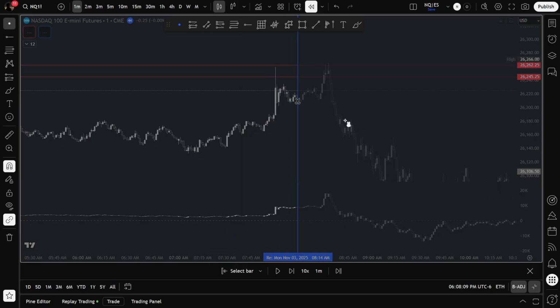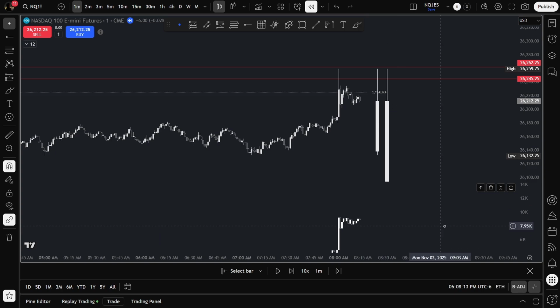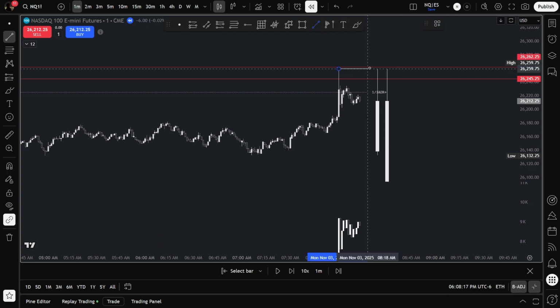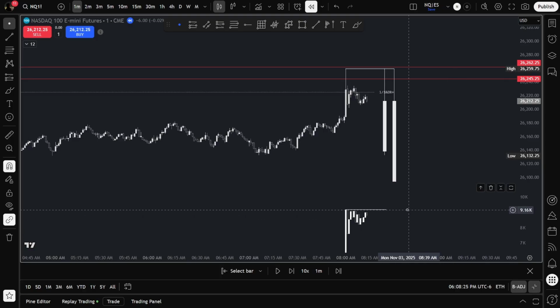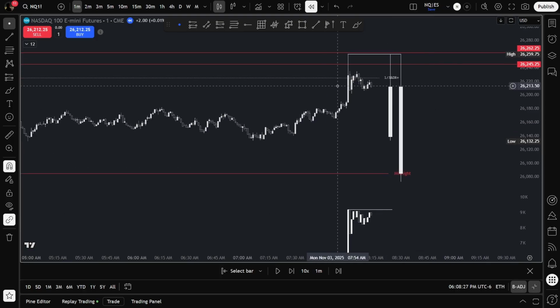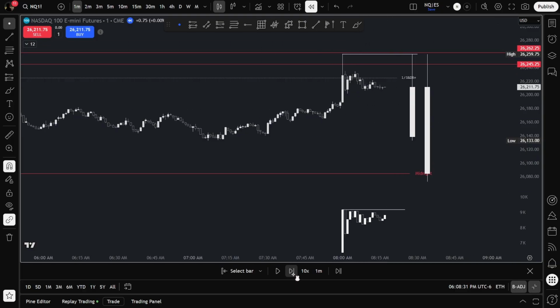If I skip back to this time, we have this high created on NASDAQ, and we have that same high created on the cumulative volume delta chart. What you want to look for is an SMT between the two.